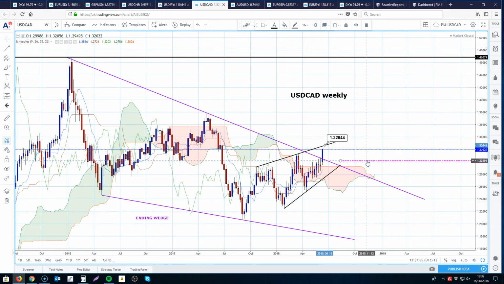We prefer to buy dips. This is potentially another ending wedge pattern as opposed to this bullish pattern. This black ending wedge pattern is actually bearish, but we've got reverse trendline support at 130.29, and we've got our bespoke support at 130.15.